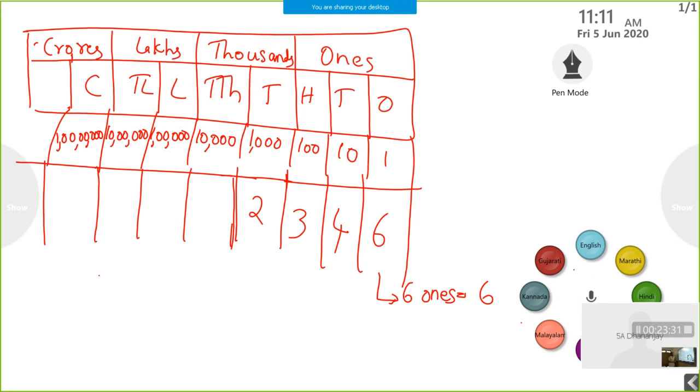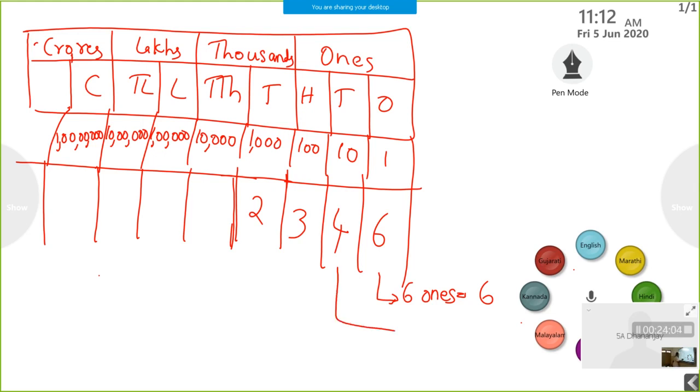So 6 belongs to the ones place, and the ones place has the value 1. So the place value of 6 in this particular number is 6 ones, or 6 into 1, which is 6.